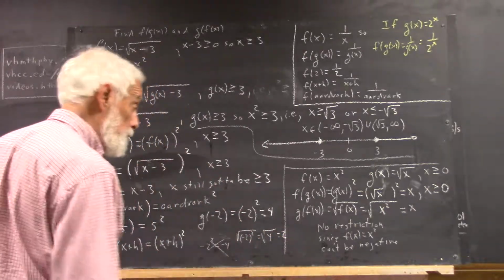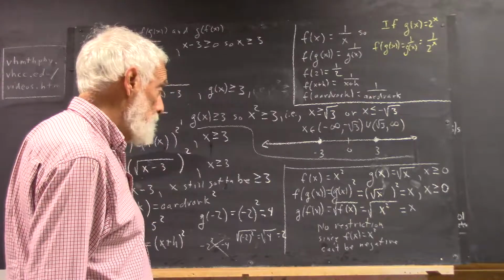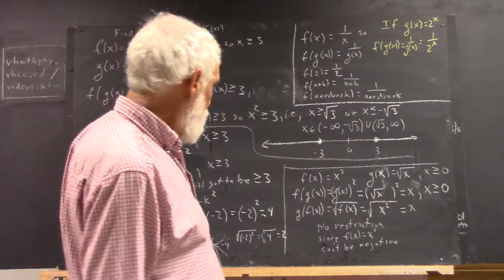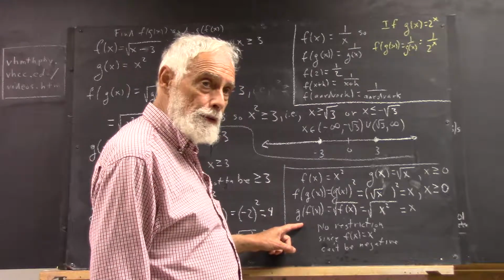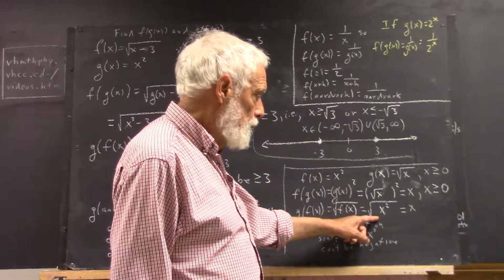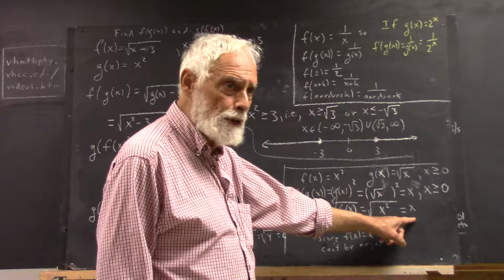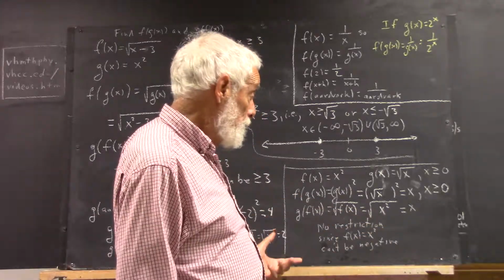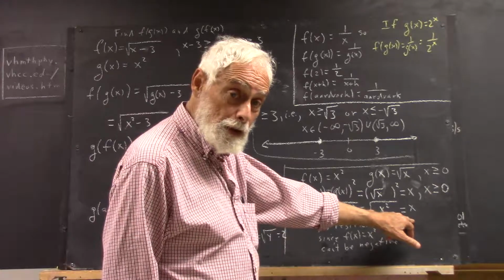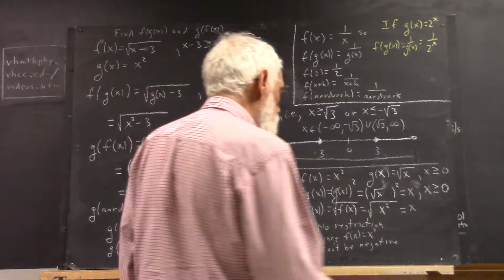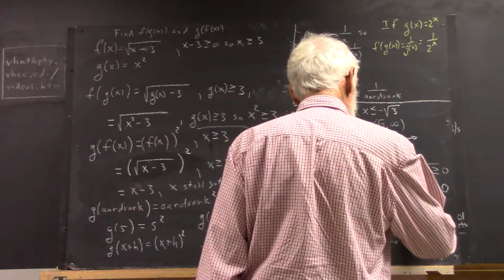It's not negative 2. So, if x is negative 2, g of f of x would equal the square root of negative 2 squared, which would be 2, but that's not x. X is negative 2. If you plug that into this, you don't get negative 2, you get 2. So I was a little careless when I wrote that down.